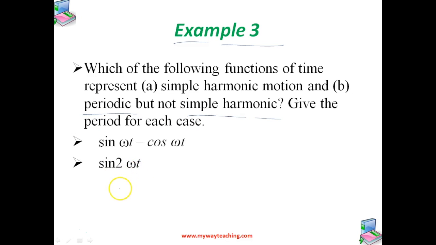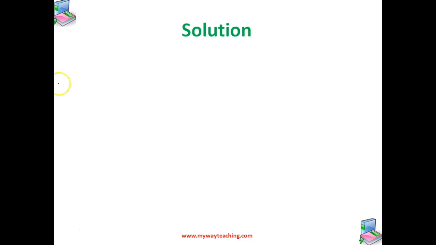So given the period for each case. Now let us consider the first one, that is sin omega t minus cos omega t, and the second one is sin square omega t. Let us consider the first case, that is sin omega t minus cos omega t, isn't it?